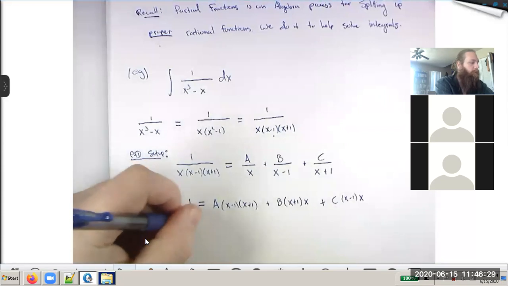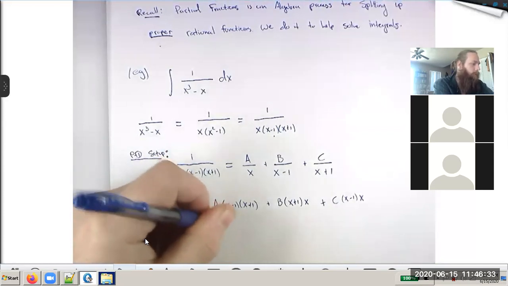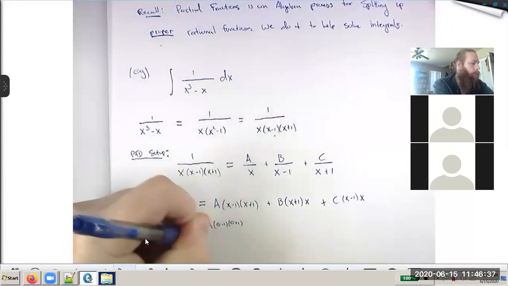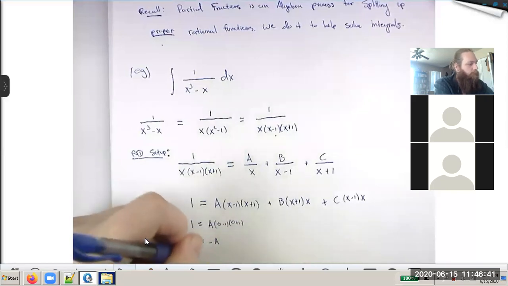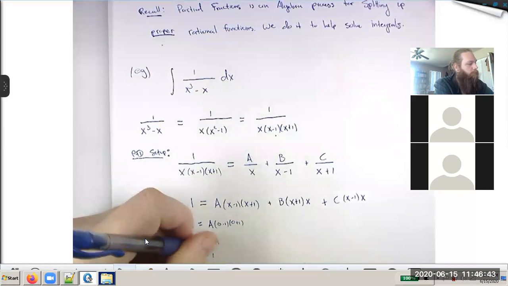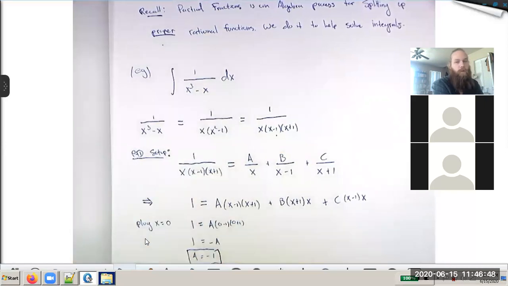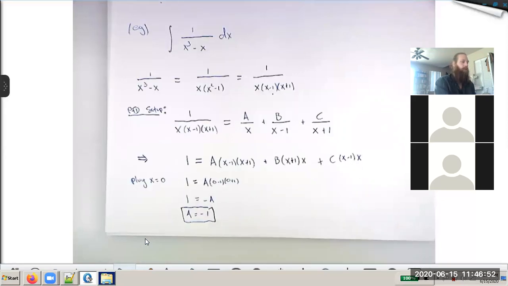So if I plug in x equals 0, I get 1 equals A times 0 minus 1 times 0 plus 1. That's the same as saying 1 equals negative A, which means A equals negative 1. And just like that, without multiplying everything out and collecting coefficients and solving a linear system, I get A. This is called the Heaviside trick.